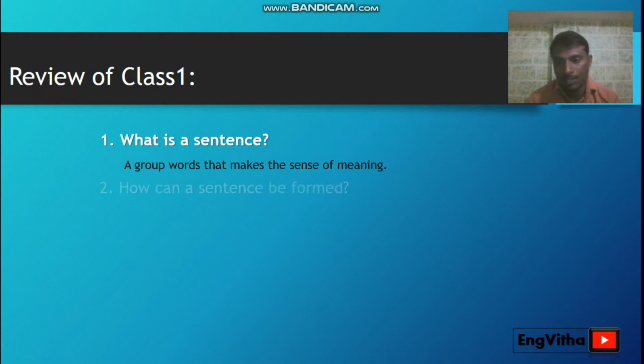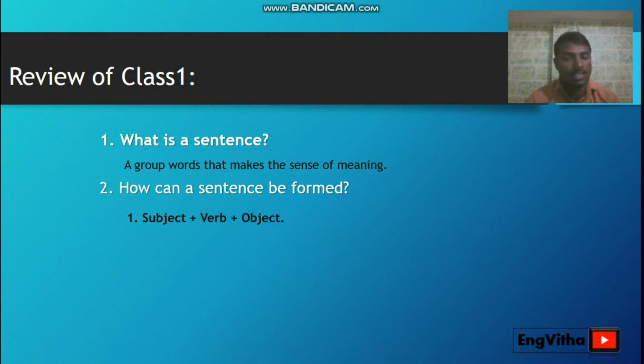We also learned how a sentence can be formed, using a pattern: subject plus verb plus object. By this pattern, we can make very good sentences in the English language.